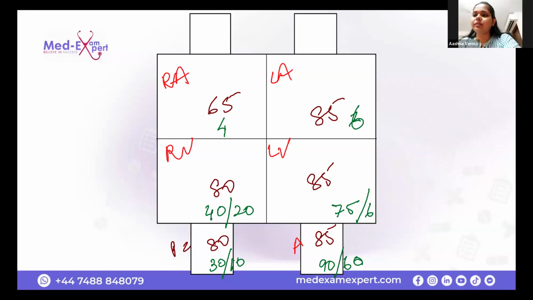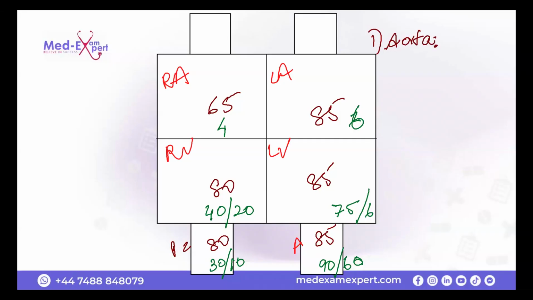Right. But you need to tell me the first step first. Let's not skip that. So about the aorta, what do you think? In the aorta, there is a decrease in the saturation. So what do you think this condition is? What is the subcategory?